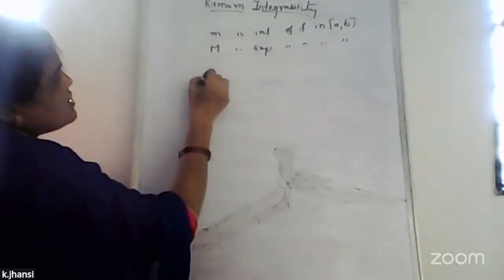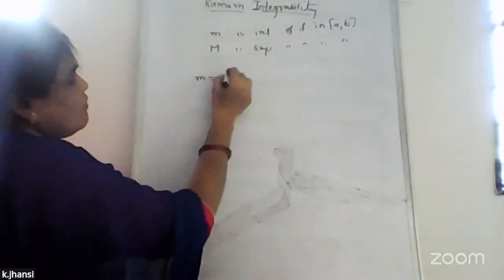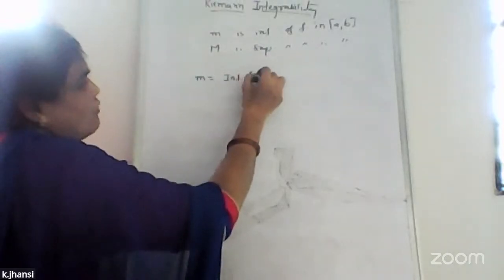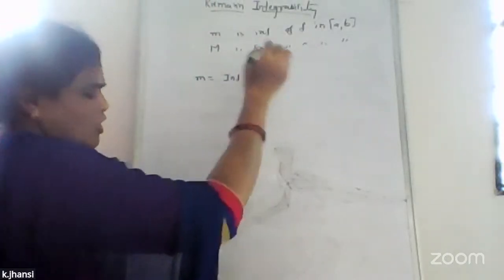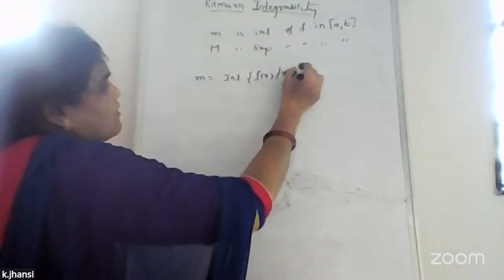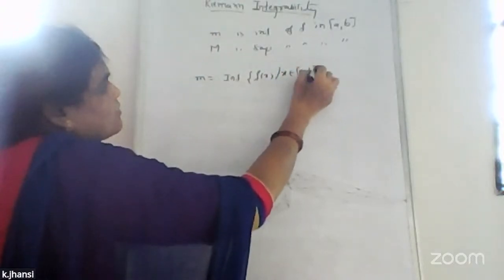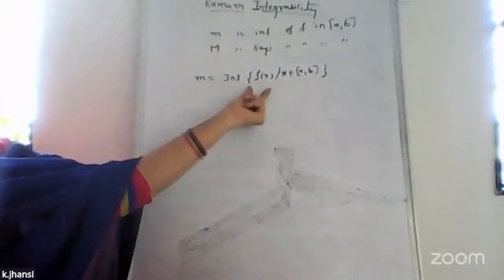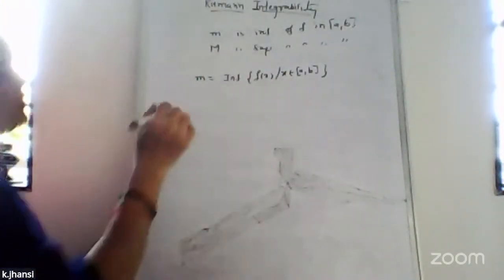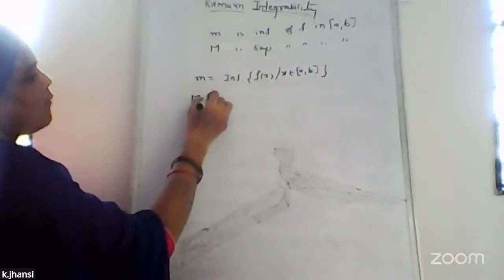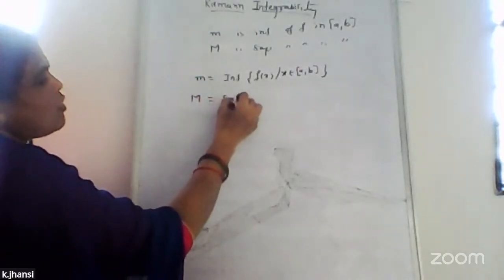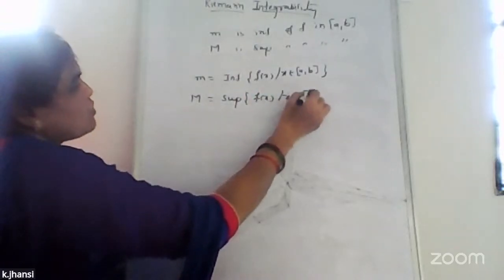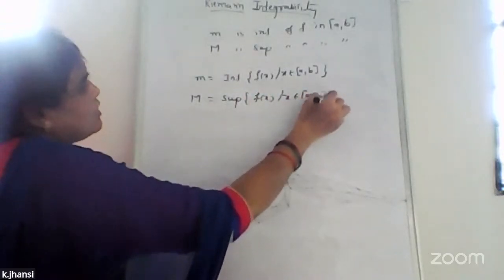That is, small m equals the infimum of f(x) such that x belongs to the closed interval [a, b], and capital M is called the supremum of f(x) such that x belongs to the closed interval [a, b].